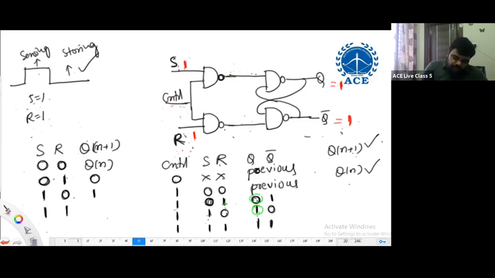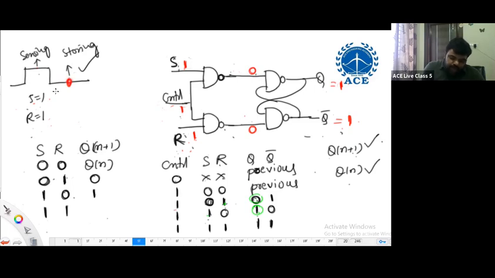Once again, when control equals 1, if I apply SR 11, we are getting 0, 0 at the NAND gate inputs. When applying 0, 0, both Q and Q bar are 1, 1. When I make control equals 0, I observe the storing of the data.